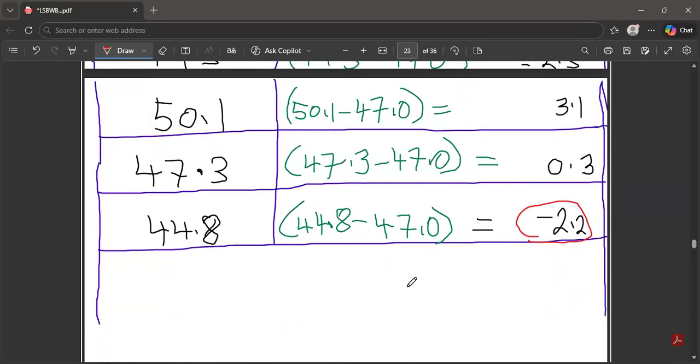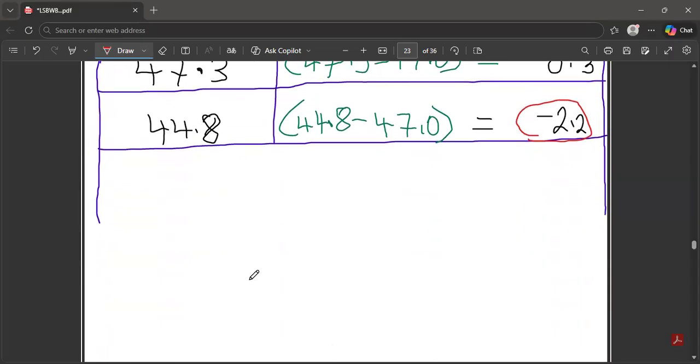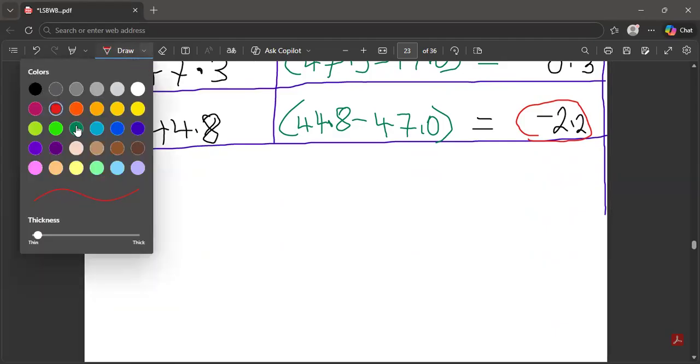Finally, we are now coming to calculate the average depth of cut. This is our average depth of cut.